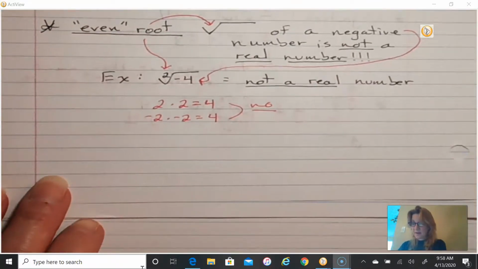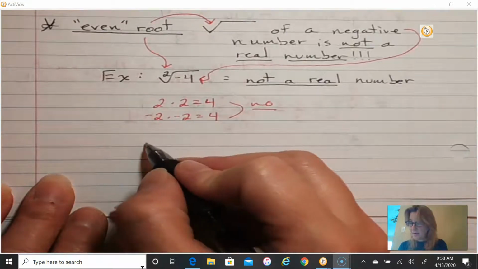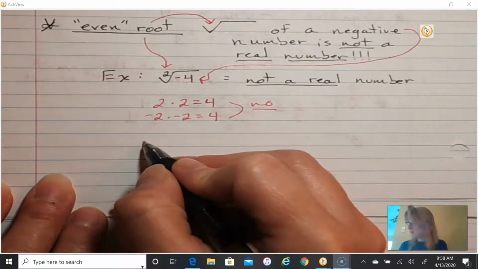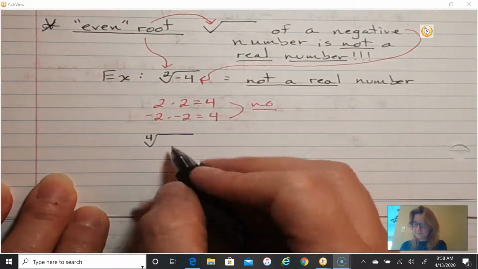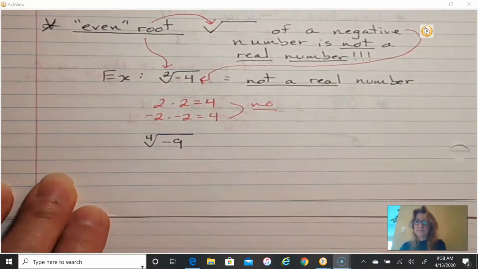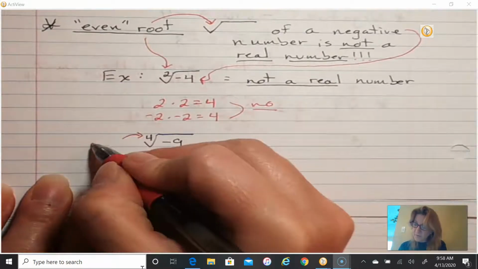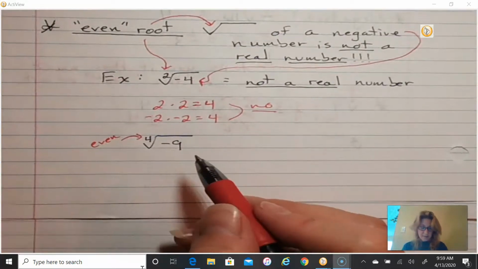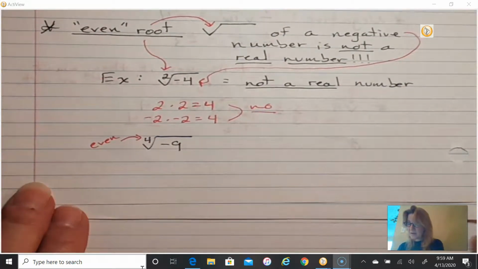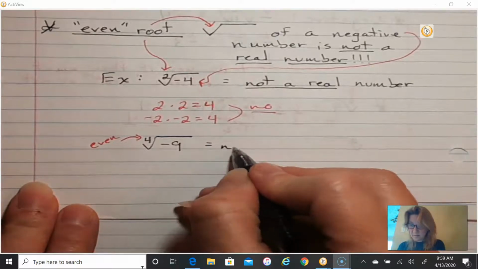Okay. How about if I had a root of 4? Okay, so that's an even root for negative 9. The radicand is negative 9. That's not real.